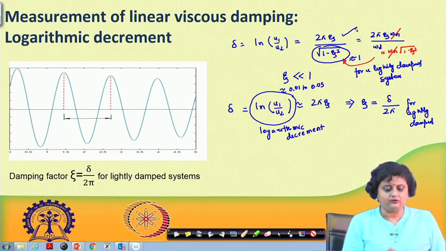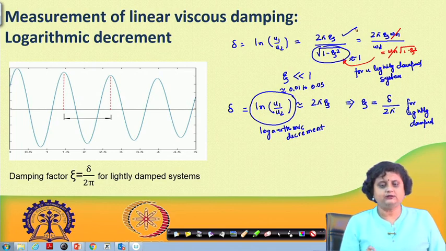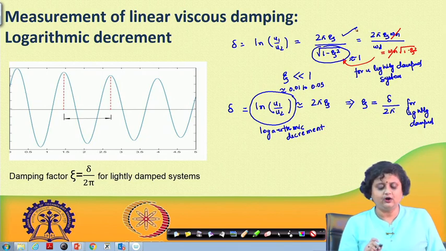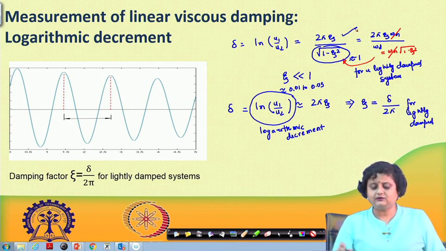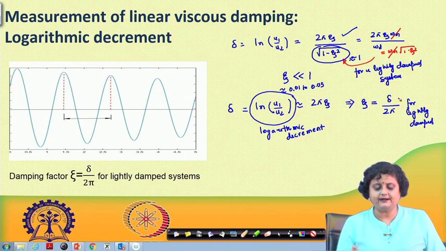So, now, let me summarize that for an underdamped system in experiment, people measure the amplitude of the response at a time instant t1 and again measure the amplitude of the response just after one time period td, and then they find out the natural log of the ratio of these two amplitudes, and the damping factor for a lightly damped system is this logarithmic decrement by 2 pi.